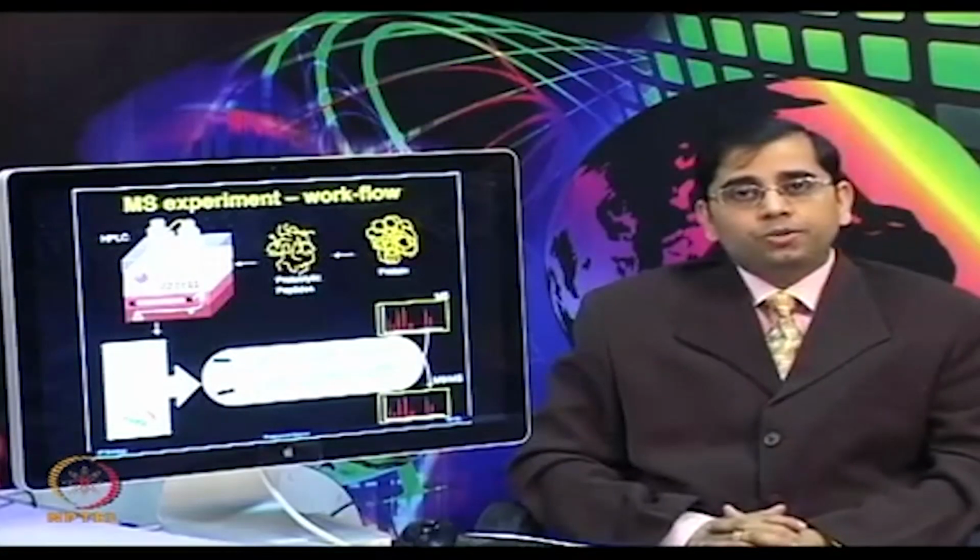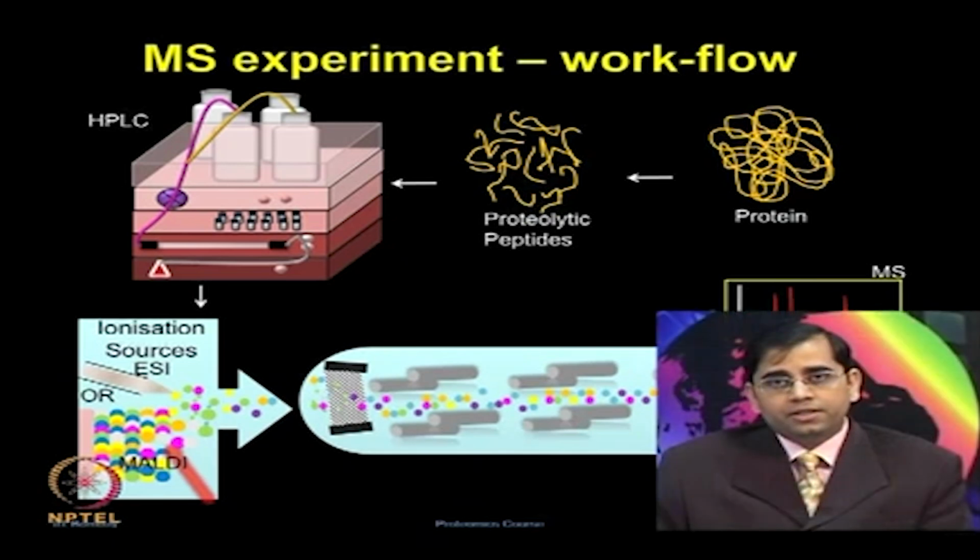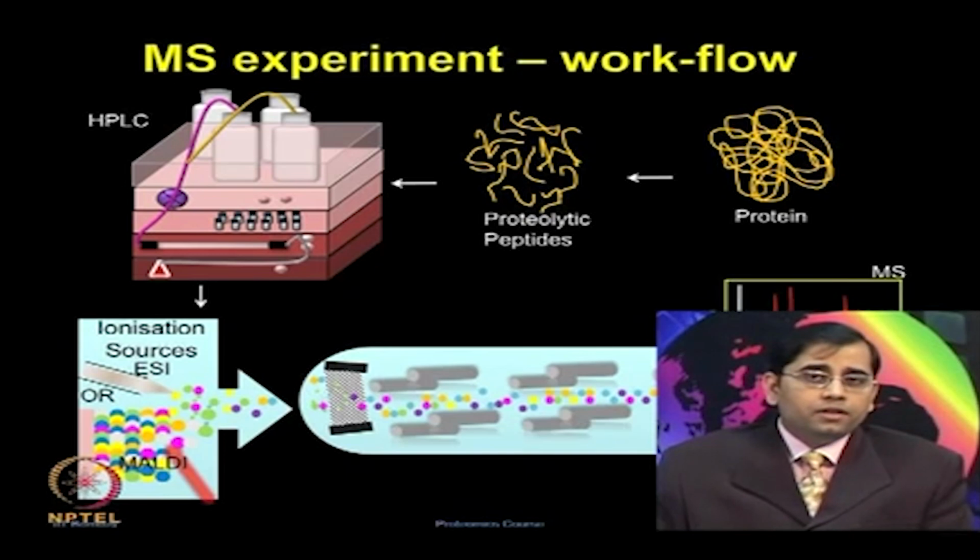All these are an integral part of the MS components. The slide shows you an overview of the workflow involved in performing an MS based experiment. First of all, you can pre-fractionate your sample by using liquid chromatography, or one can also try different methods of pre-fractionation and then apply that for further MS analysis.